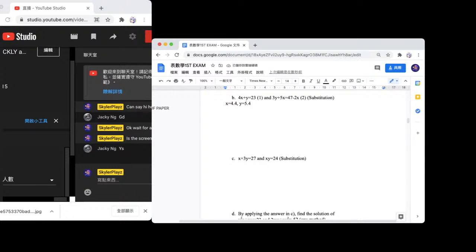So from 1, we can conclude that y is equal to 23 minus 4x. If you can follow, let's go to the second part. And we mark this equation as 3. And then we can substitute. We can put 3 into 2.